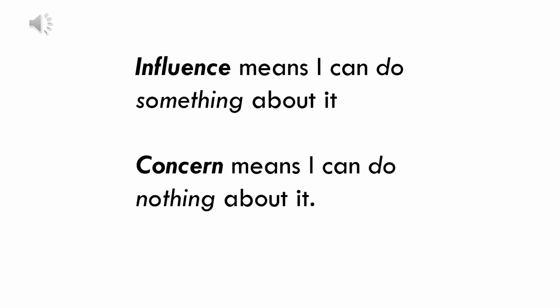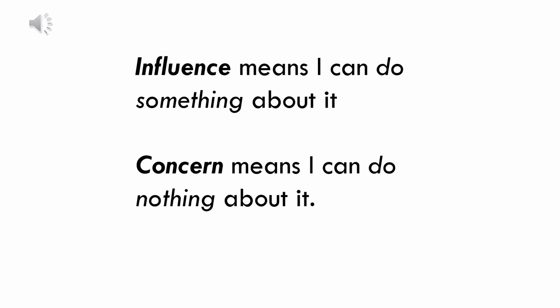The rule of influence versus concern is a very simple one to understand, but not so simple to do. Influence means I can do something about it, and concern means I can do nothing about it. So if I can't do anything about it, I just accept it. So I have to use a high-level principle of just unconditional acceptance.